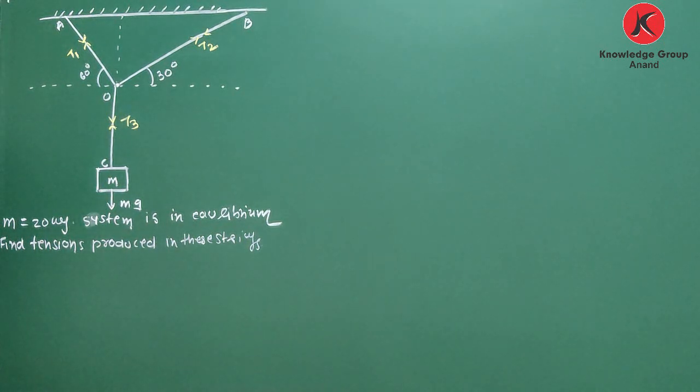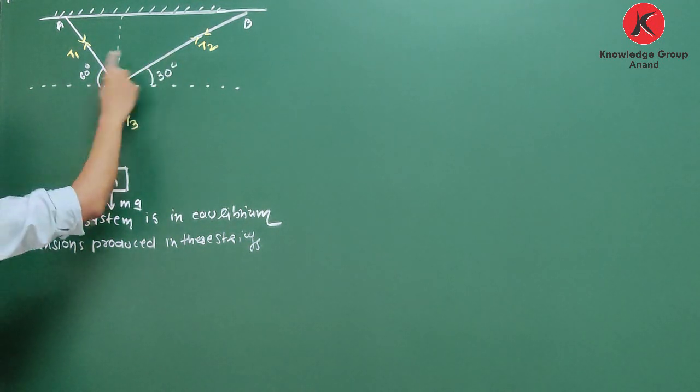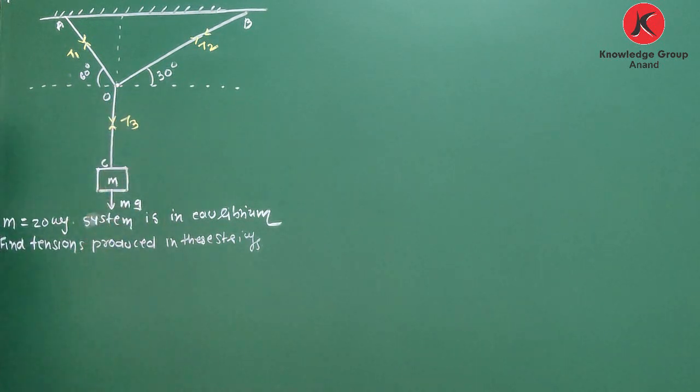Now how to find? See, here it is. Yes, the system is in equilibrium. It means the system includes these three strings, this point O and this block M. System is in equilibrium means each and every element of the system is also under equilibrium.